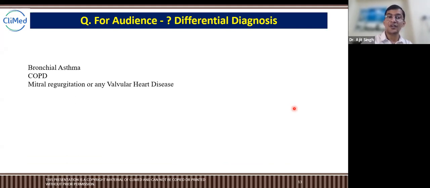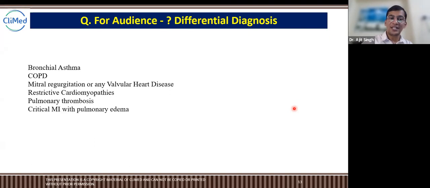Then mitral regurgitation or any valvular heart disease. They show similar signs and symptoms, even the pedal edema sometimes. Then restrictive cardiomyopathies, pulmonary thrombosis, critical MI with pulmonary edema, anemia.